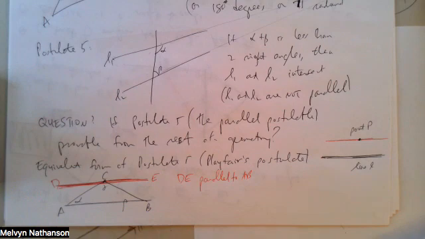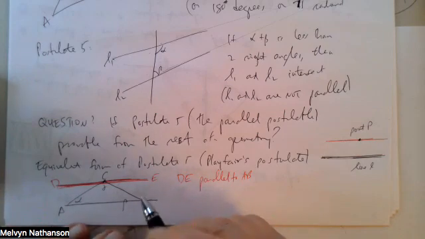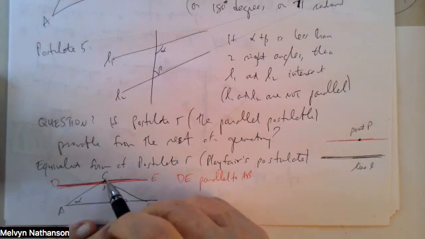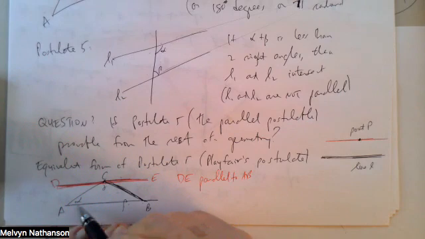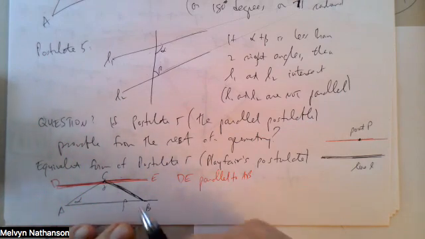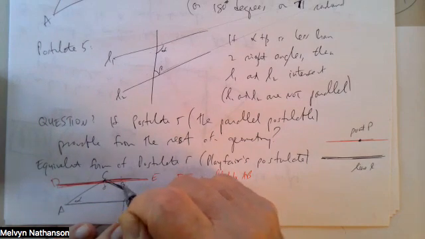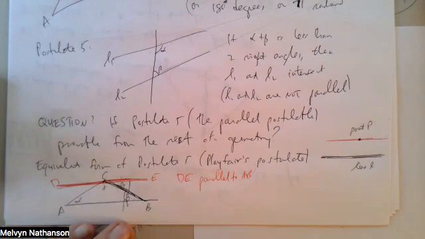Now, a theorem in Euclid says if you have 2 lines that are parallel, cut by a third line, alternate interior angles are equal. So here's this line BC that cuts the parallel lines AB and DE. This angle beta and this angle up here are alternate interior angles, so they're equal.